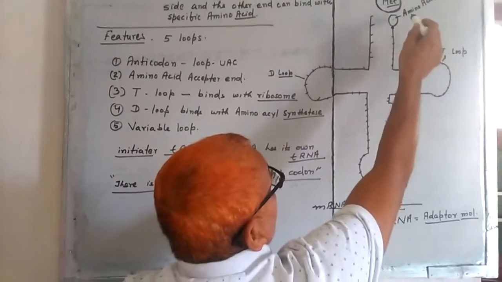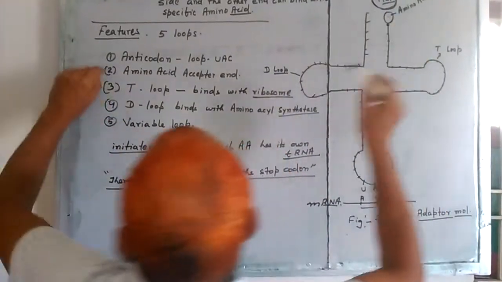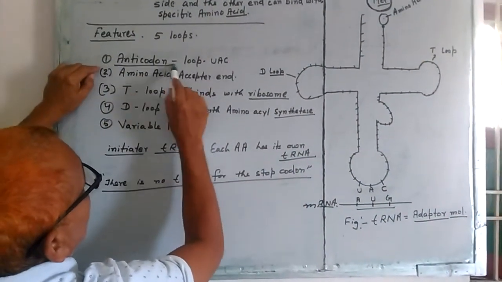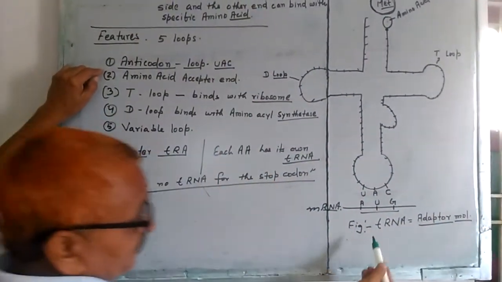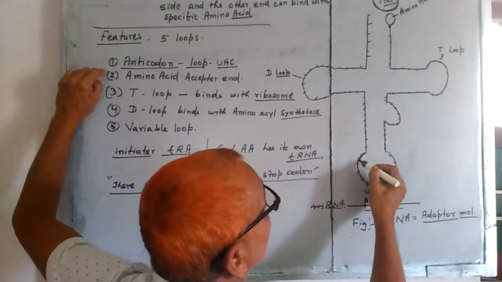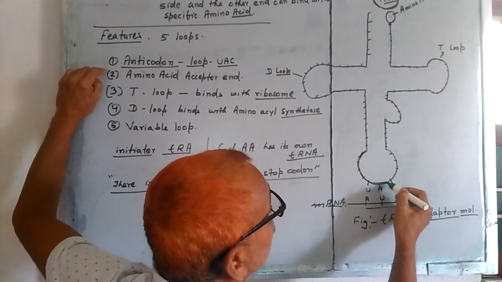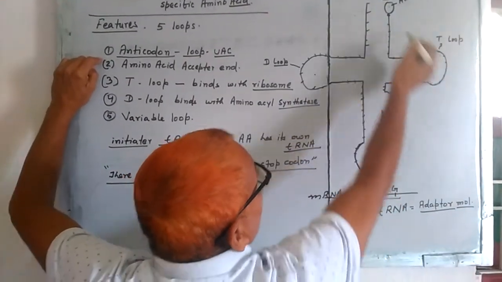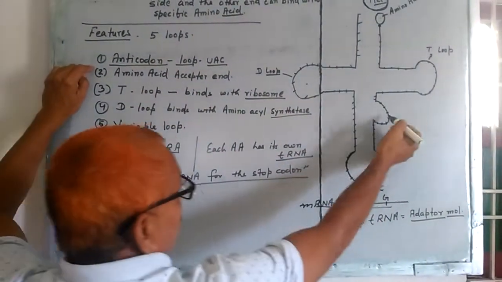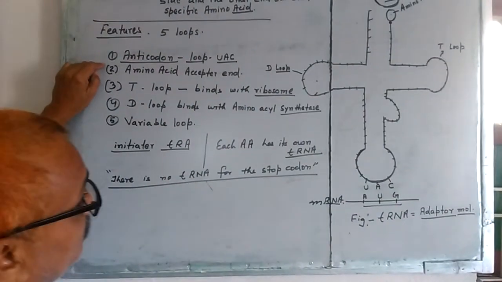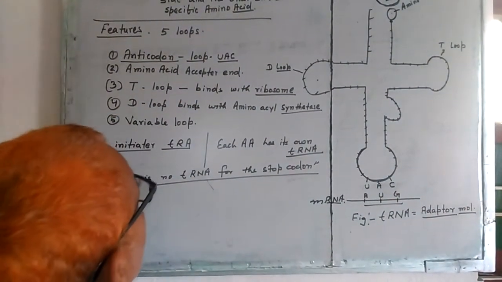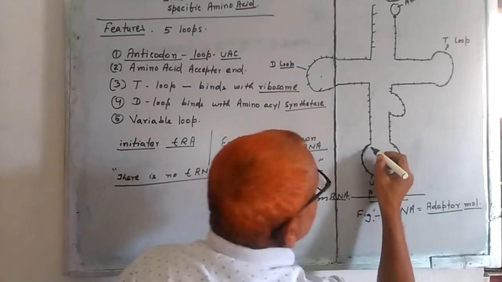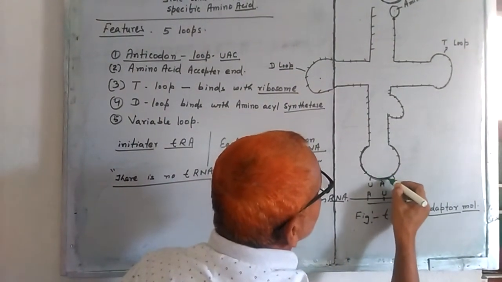One is the amino acid binding site. First is the anticodon loop, UAC you recognize here. This loop is called the anticodon loop. It is a loop like structure. 1 loop, 2 loop, 3 loop, here 4, and this one is also 5. So 5 parts are there.